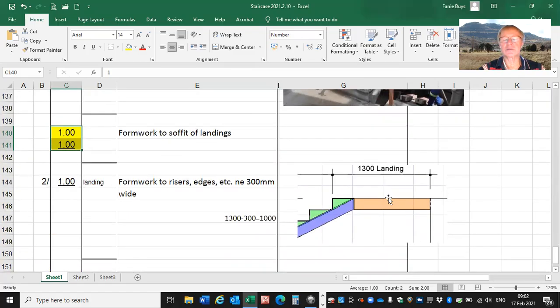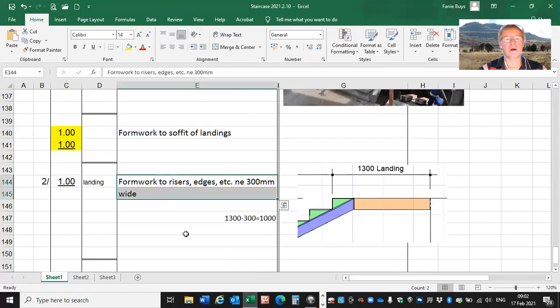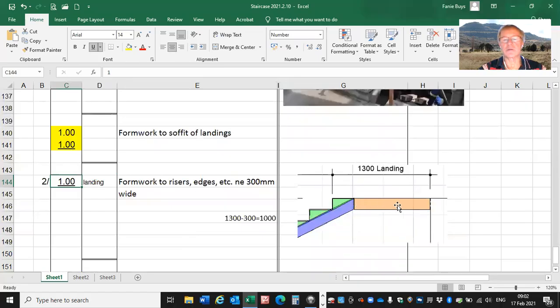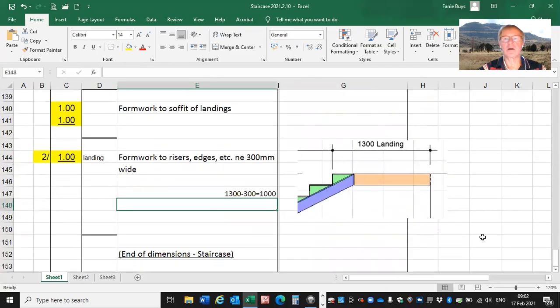We know that the thickness is 150 millimeter, so it falls in the category of formwork to risers, edges, not exceeding 300 millimeter wide. And it is the length, in other words, that length, 1,300 minus 300 millimeter, gives us 1 meter. And it is for this edge as well as the other edge. So that's why it is times 2. And that is the end of the dimensions for this staircase.